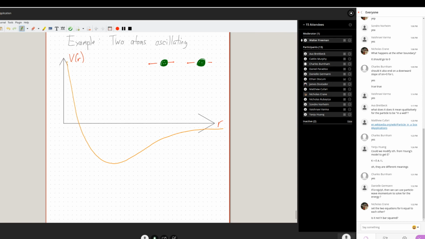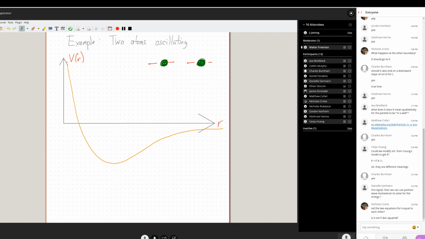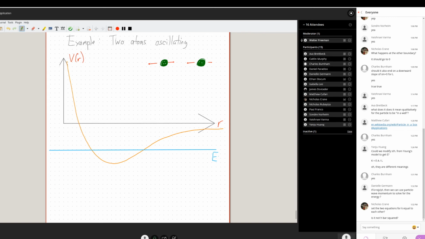So if I give the particles a certain energy, call this the energy of the particles, E, then what that means is that the particle can never have more potential energy than it has total energy, right?